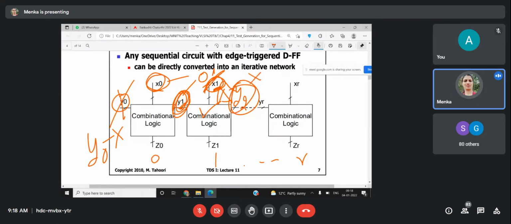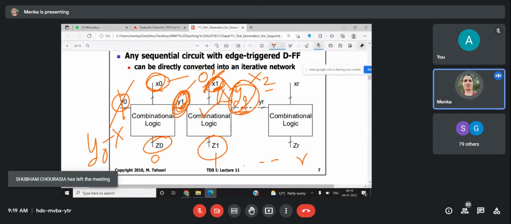You will be putting x2 in such a fashion that this combination of y2 and x2 is able to propagate the fault at the output. And the outputs are what? These are the visible outputs. The y's are not the visible outputs. So your job is to propagate that effect onto the zi's. So of course, from z2 onwards, this effect can be propagated.